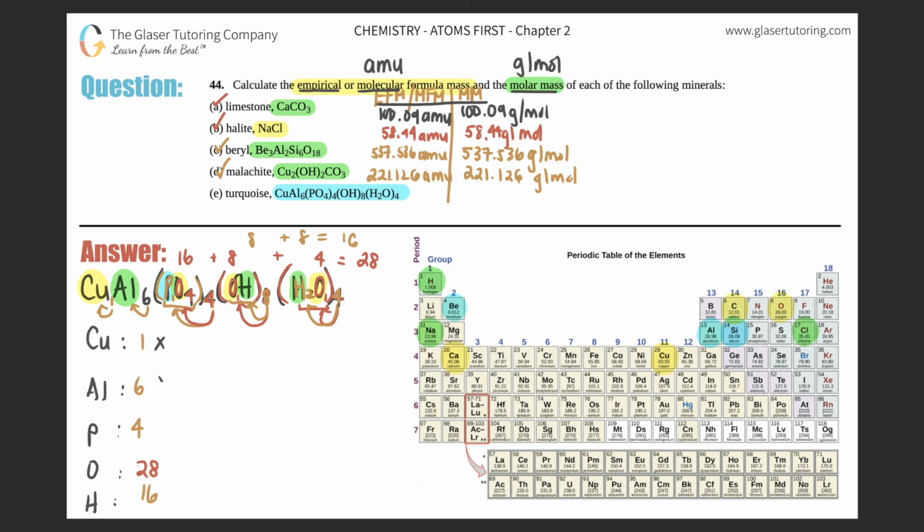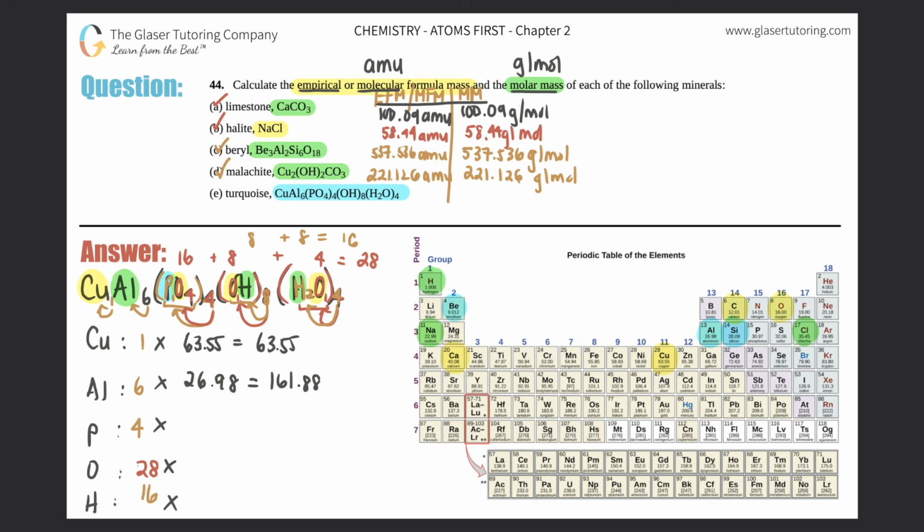Now we multiply by the weights or the masses on the periodic table. Copper we found out before, which was 63.55. So 1 times 63.55 is 63.55. Aluminum we found out from before, that was 26.98. But now this is 6 times 26.98, which is 161.88.